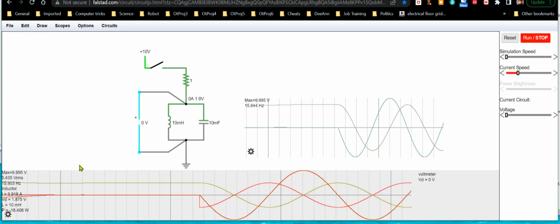But anyway, I stuck with these values because you can see here's the frequency reading, about 15 hertz. So that's not super high frequency, but not a super low frequency. So it's just kind of a more practical value. But on your bench, if you find an old transformer or something, it's likely to have several Henry inductance.